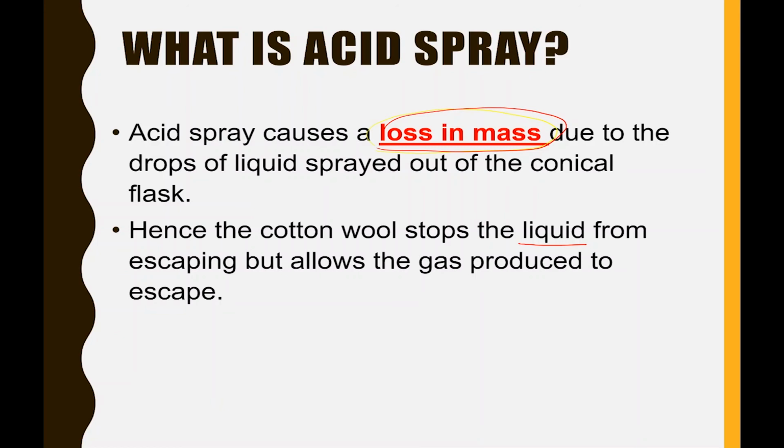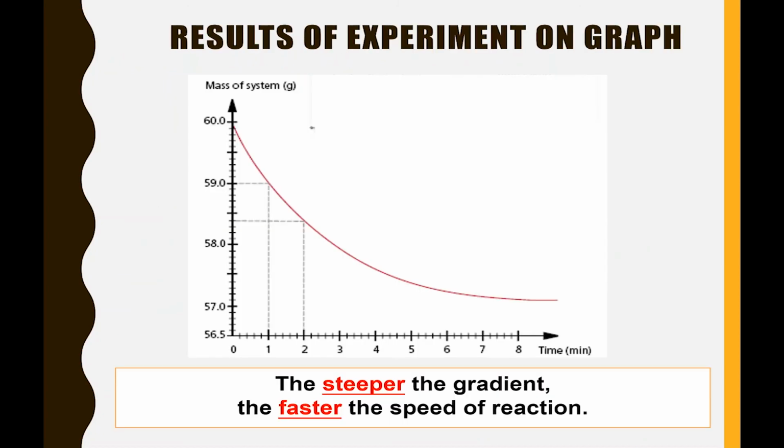Alright, so as you can see, the graph looks slightly different from the volume of gas graph. One thing is the mass is decreasing, whereas for volume of gas, the volume is increasing.